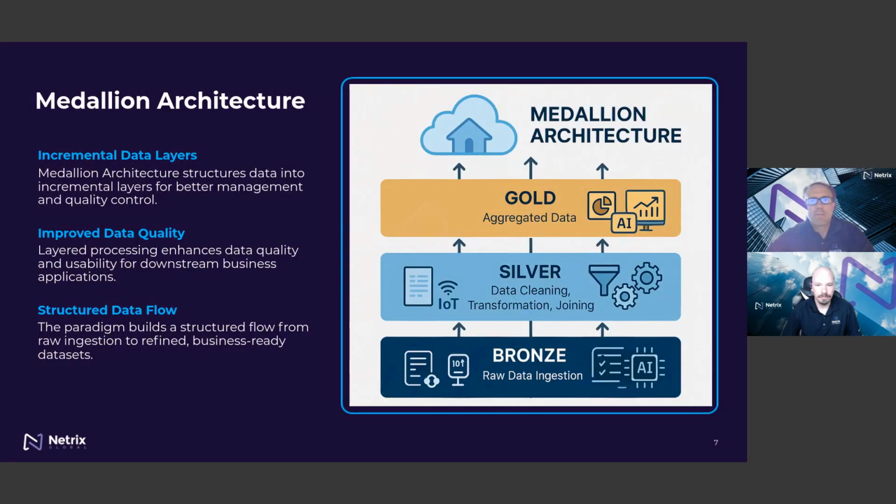Going forward, I mentioned gold layer before. Medallion architecture is really the common term now to represent an incremental structure of your data layers. The idea being that your data will go through a series of transformations and improvements to take it from raw layer, which is often denoted as bronze, up to your gold layer, which is your aggregated and semantic model layer, sometimes referred to as presentation layer.